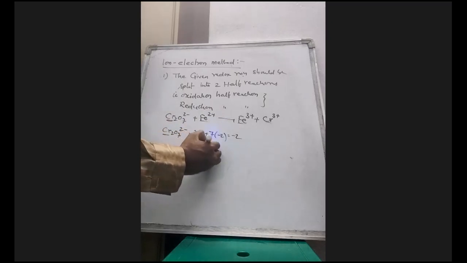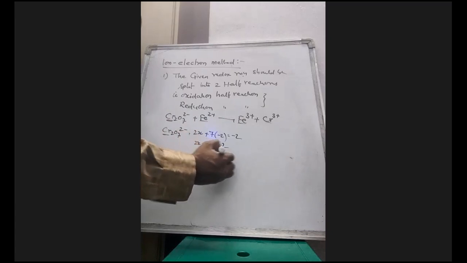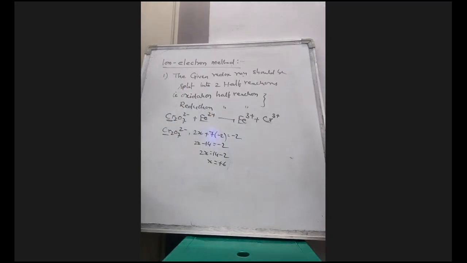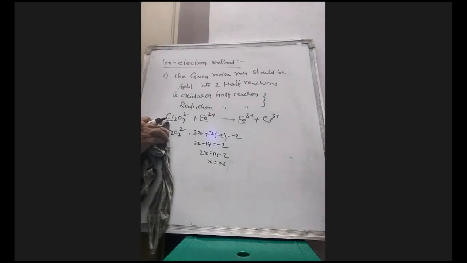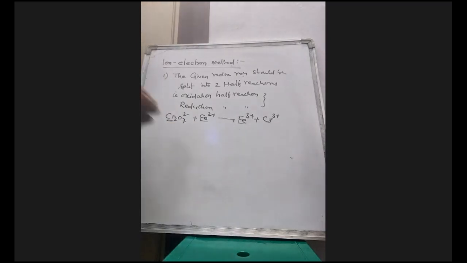So 2x minus 14 is equal to -2, so 2x is 12 and x is +6. For an ion, the oxidation state of an element in the ion is equal to its charge. That's why here the oxidation state of chromium is +6.